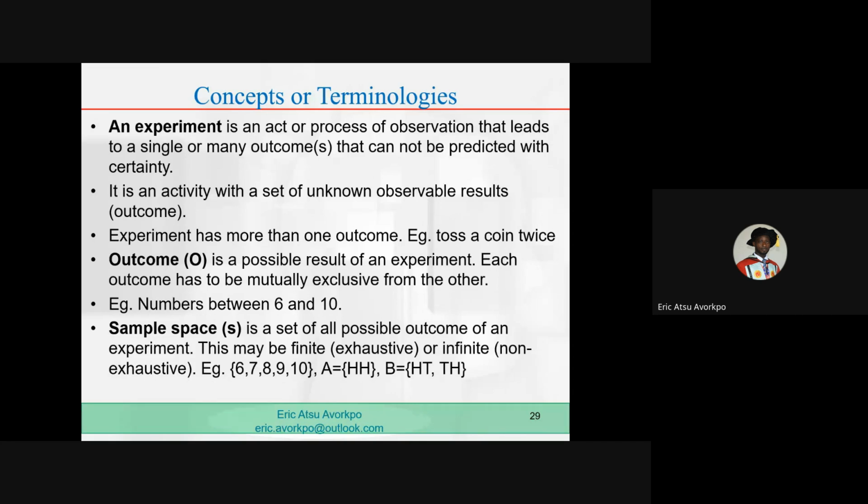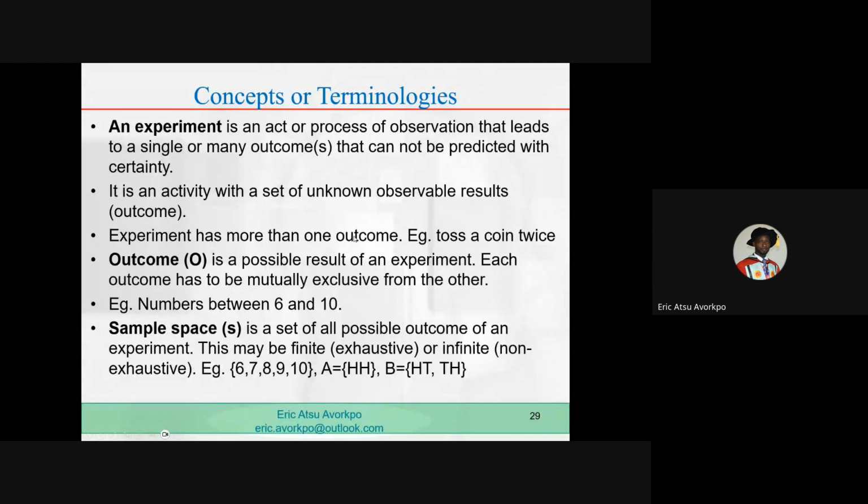You don't know which number appears. That is not a fair die. That is why I use the word fair die. A fair die means that each of these 6 surfaces has an equal chance of being observed. Now, an experiment has more than one outcome.